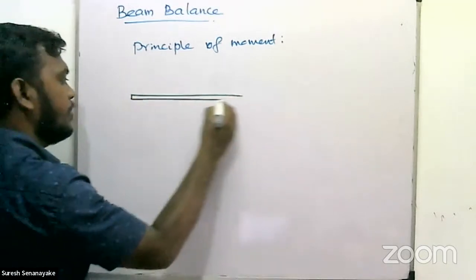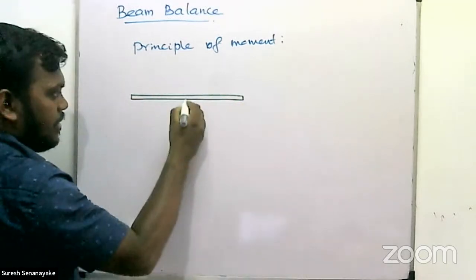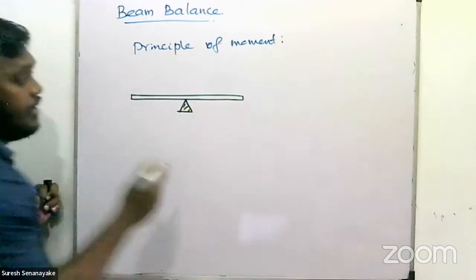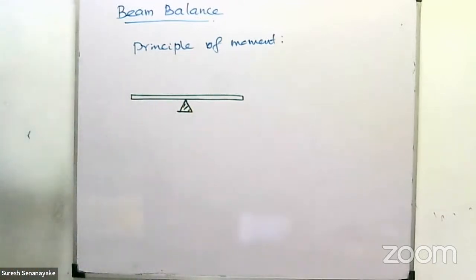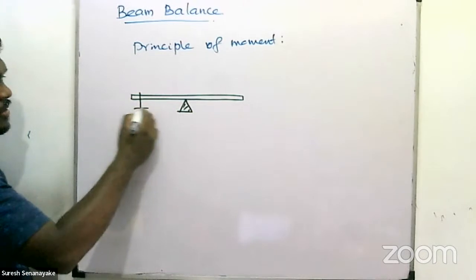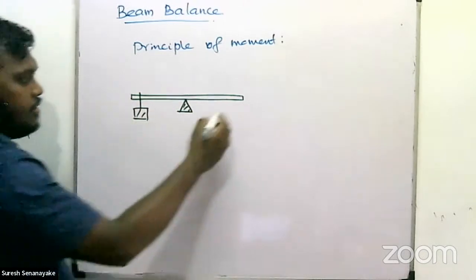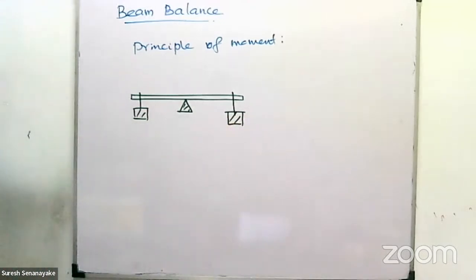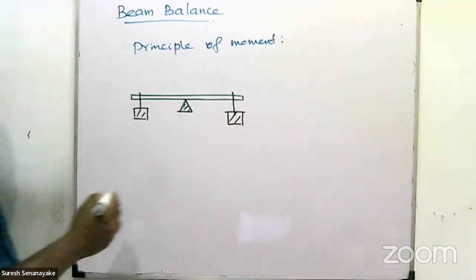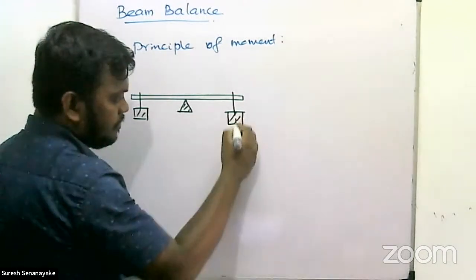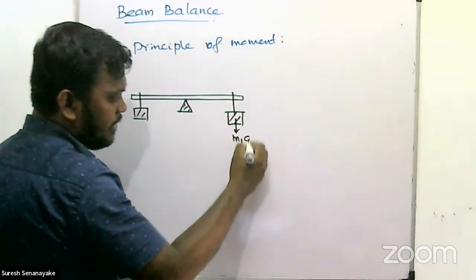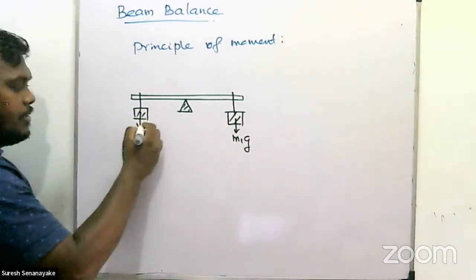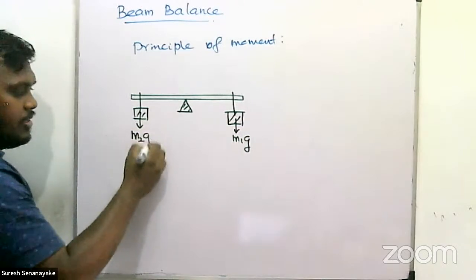Let's say this is the beam. So I'll balance it from this point, right? Let's say we hang a mass on this side and the other side. Two masses. The left mass is M1. This weight is M1G, and this is M2G.